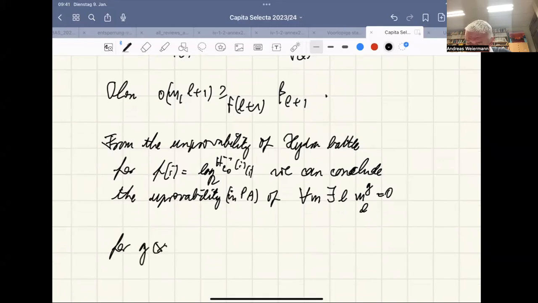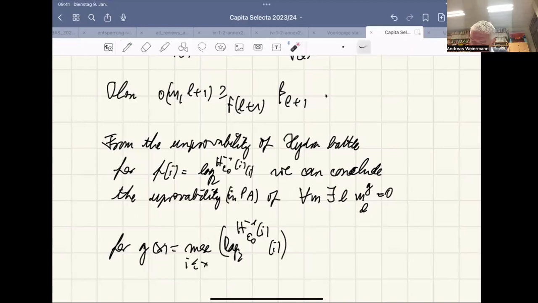G of x is the maximum taken over I less than or equal to x of log 2 of h epsilon 0 inverse of I, rounded to natural numbers. Now the point is, why I need this maximum here, just to be sure that I only apply base changes upwards and never downwards.